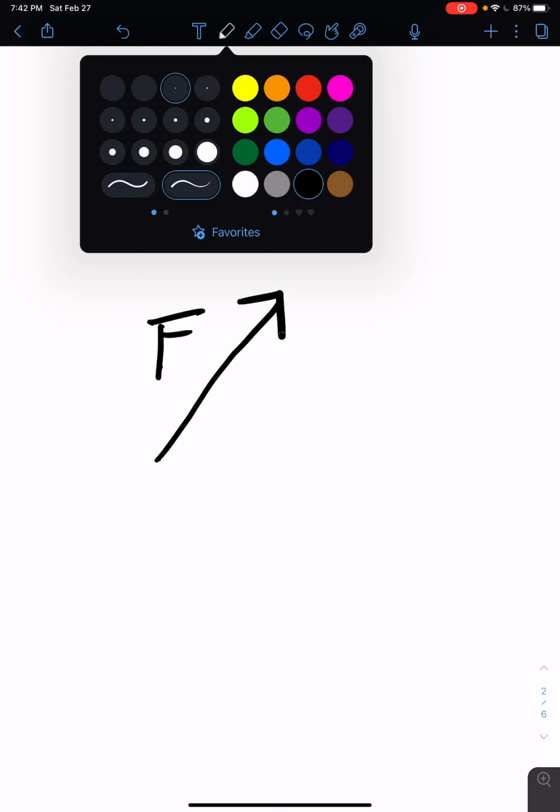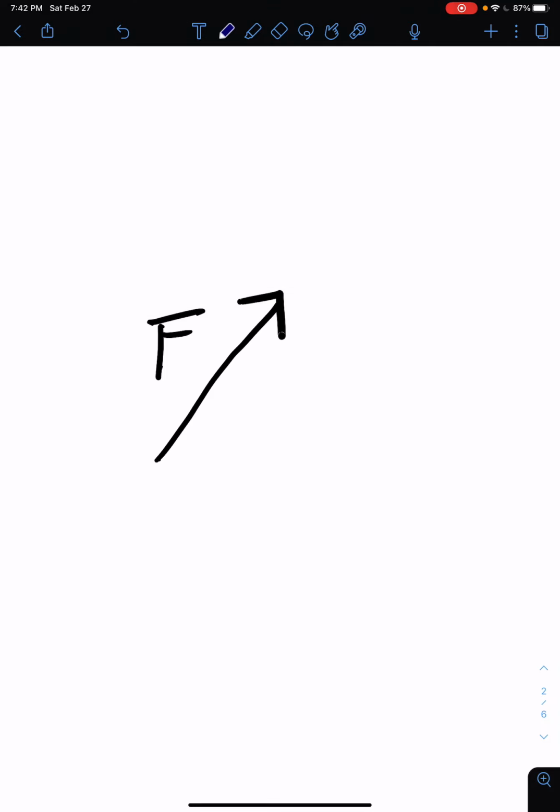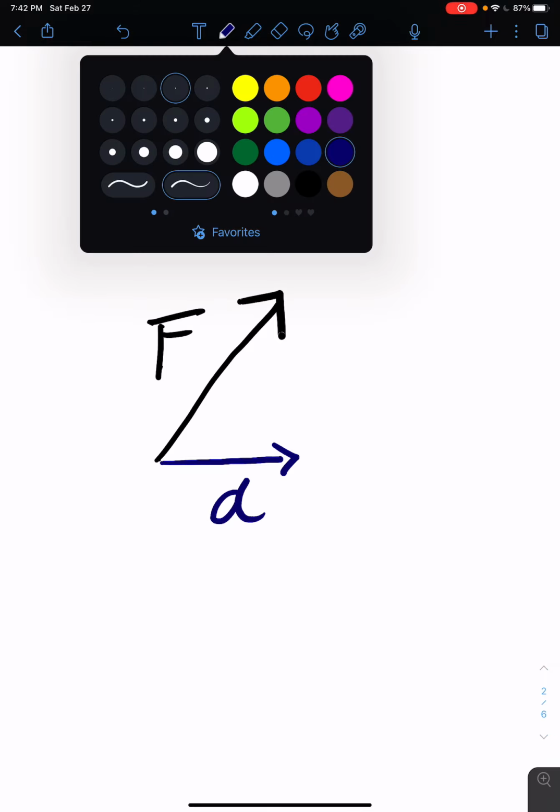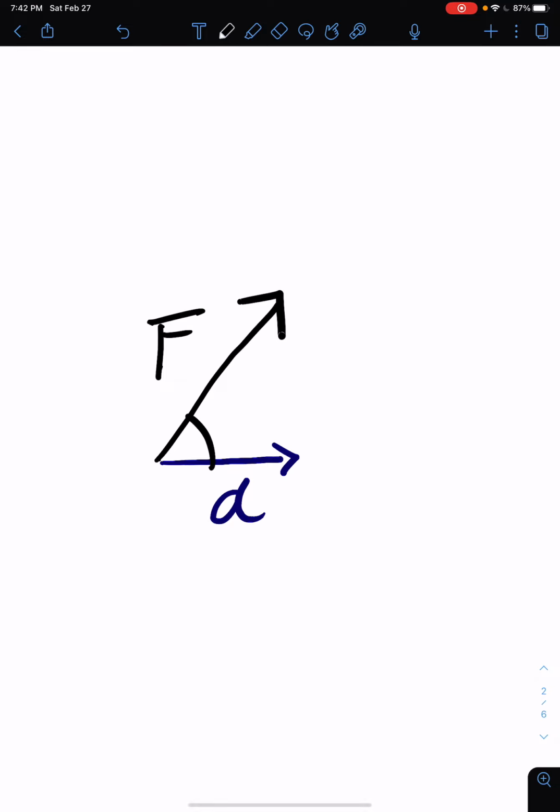So if we take F, let's put F like this. And we'll take D and put D like this. And obviously, theta would be this angle right here.